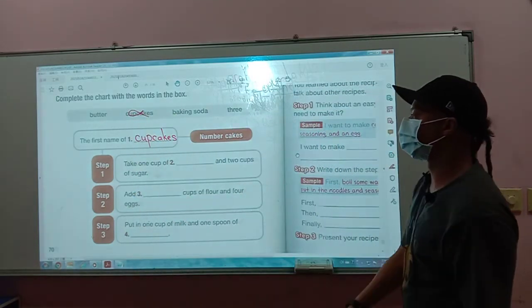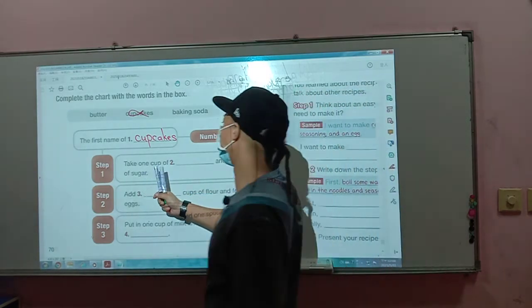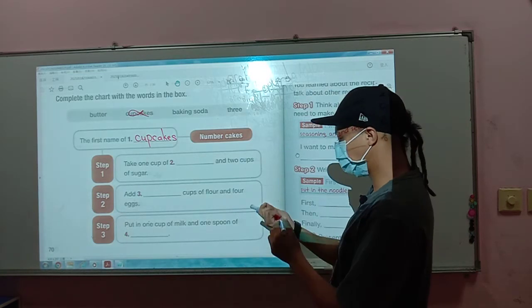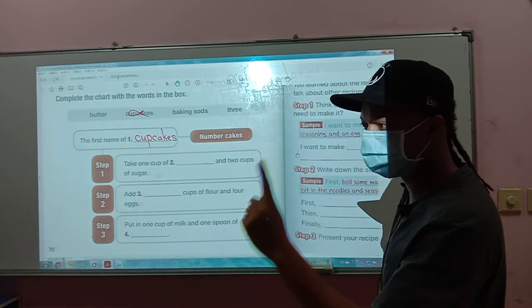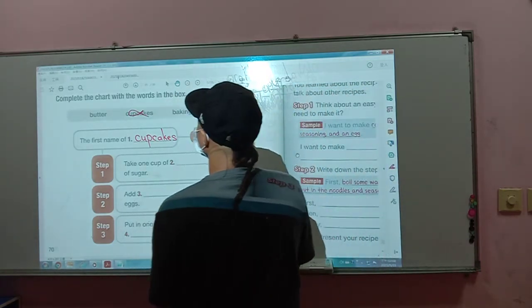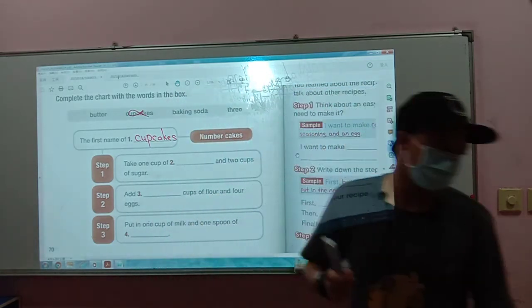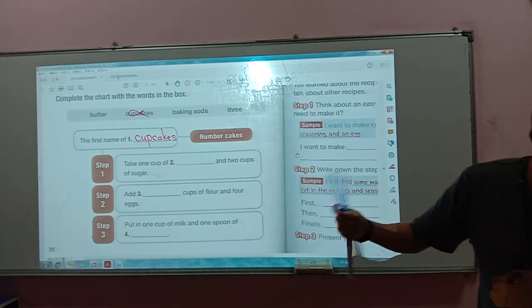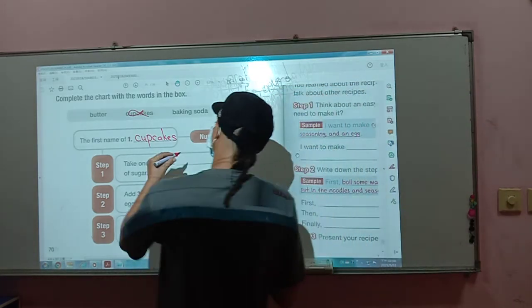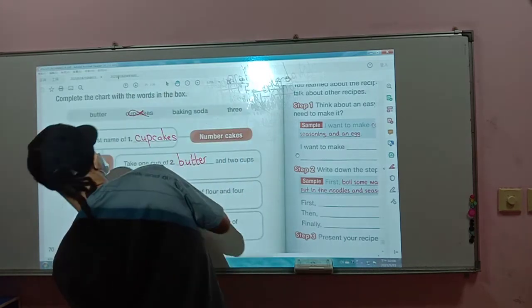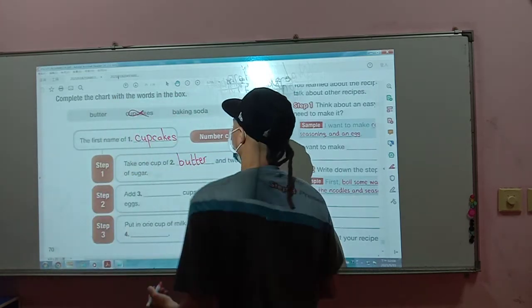Okay? So finished. Number 2. Take 1 cup of and 2 cups of sugar. So this is step number 1 and step number 2. So 1 cup of butter and 2 cups of sugar.